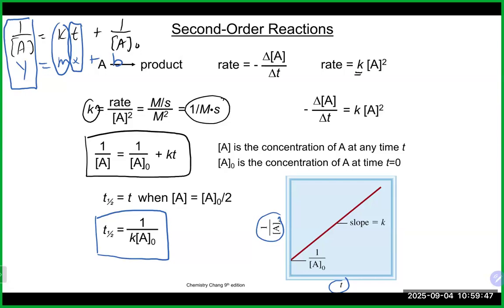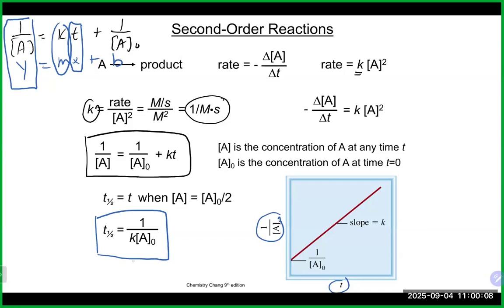Unlike, for example, the first order half-life equation, which is the natural log of 2 over k and has nothing to do with the initial concentration, this one is affected by the initial concentration.